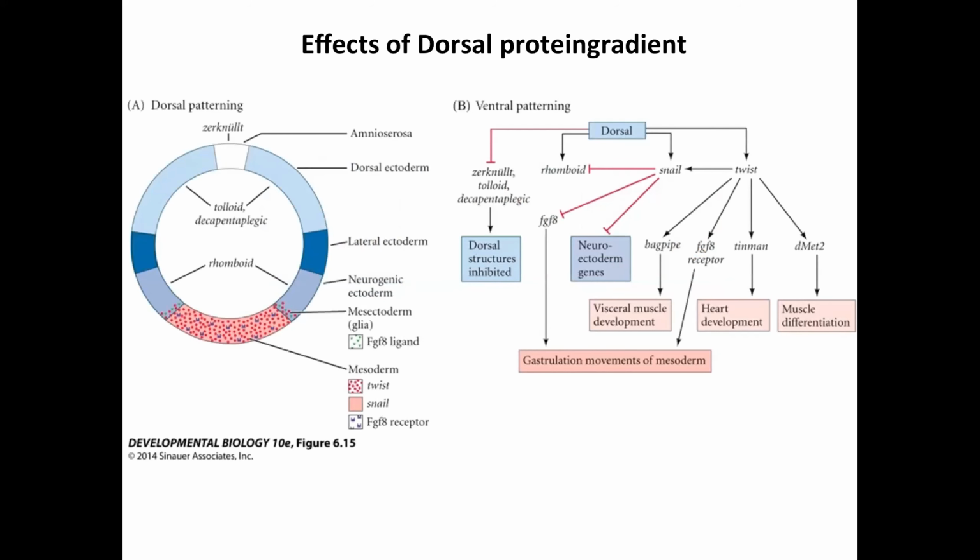Now this is probably the first example of a gradient that I mentioned here. We'll come to bicoid next class. So the effects of Dorsal mediated patterning: this is a transcription factor, NF-kappa B in mammals is what it is commonly known as.